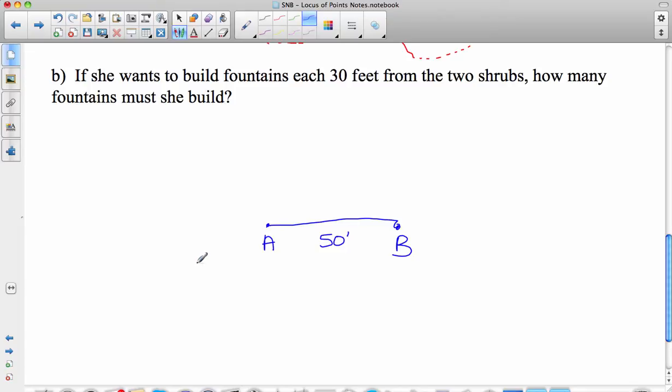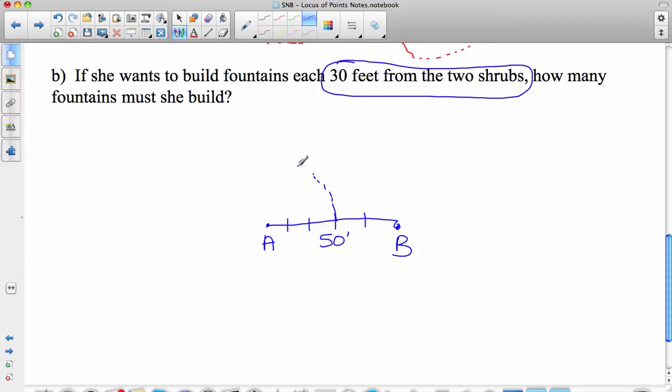Now we need to figure out how many fountains she builds if they need to be 30 feet from the two shrubs. So now our conditions have changed a little bit. If I know the total distance is 50, I can divide this up by tens: 10, 20, 30, 40, 50. So the first one is going to have a radius of 30 feet: 10, 20, 30.